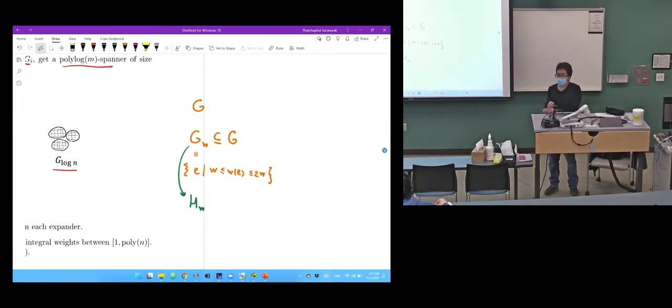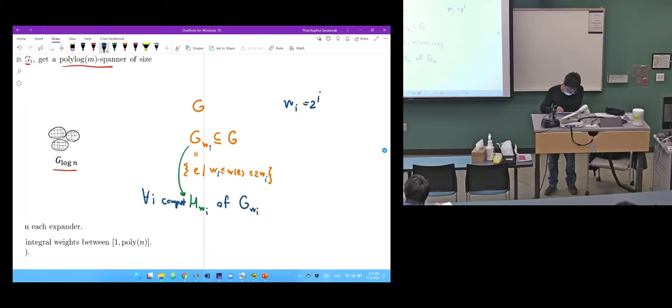And I can do this for every level of W. Let's say we have Wi, and let's say Wi is something like 2 to the i, and then for each i we compute the spanner of G_Wi.